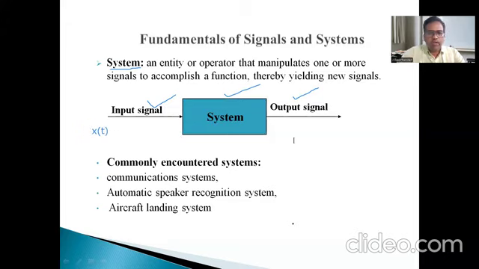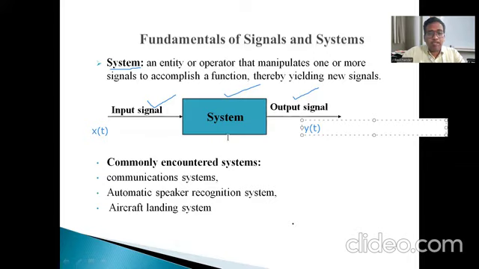Then y of t is the output signal. This output is also known as the response of the system, and it is denoted by y of t. Now, this is the input, this is the output.